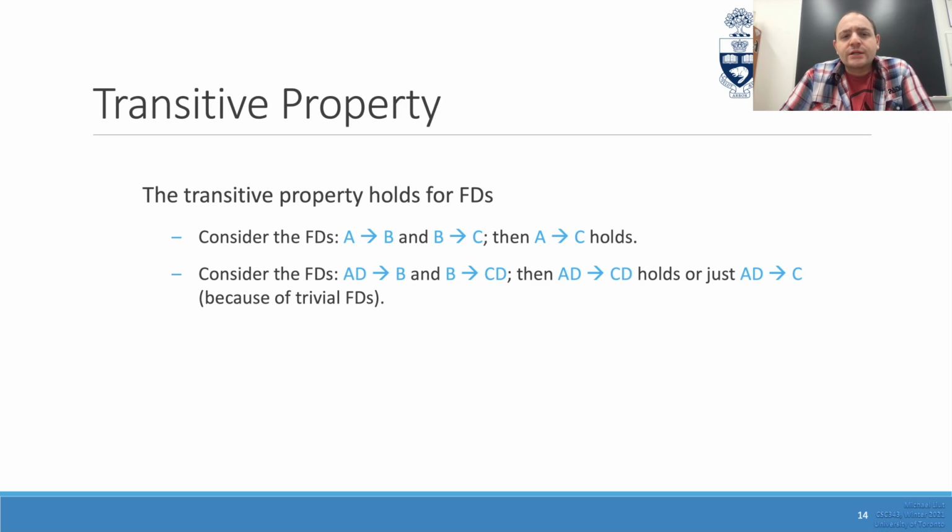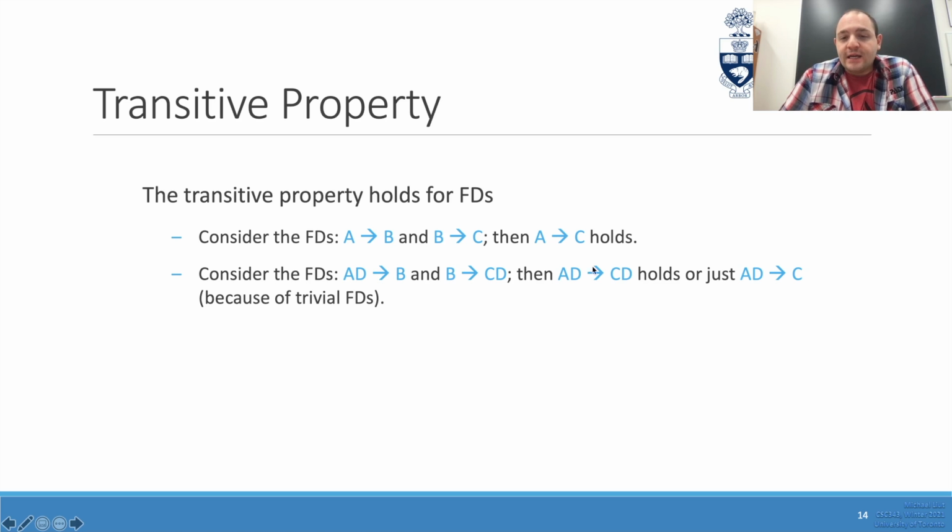Now, with respect to transitivity, if you consider a functional dependency, for example, A infers B and B infers C, then we know that A infers C holds. So if we consider another functional dependency, AD infers B and B infers CD, we know that AD infers CD.